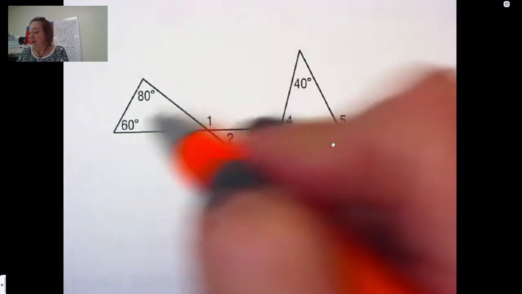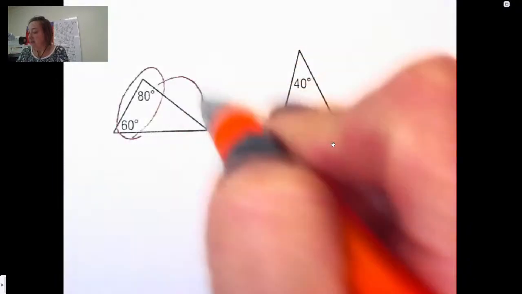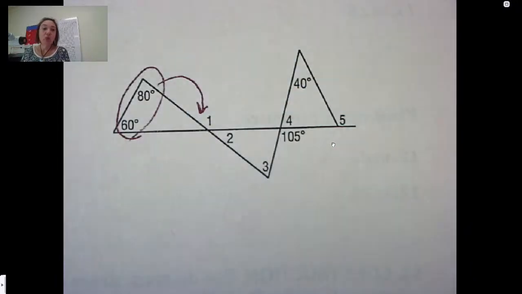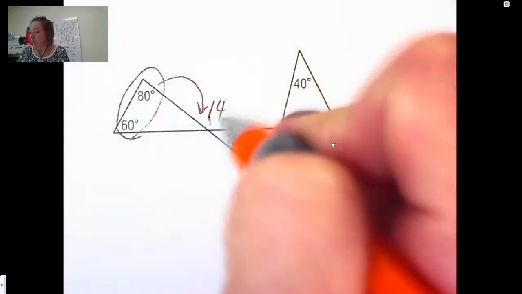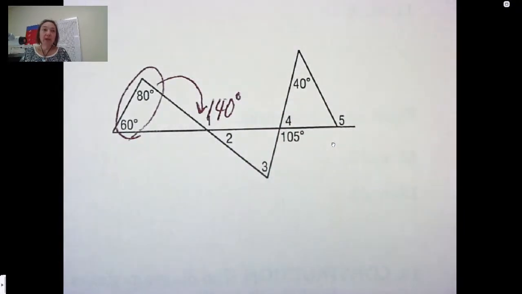We're going to add up 80 and 60, and that's going to equal whatever 1 is, because the 1 is that remote exterior angle. So what is 80 plus 60? 140. So 1 is 140. Now, what can we find because we know 1? 2.